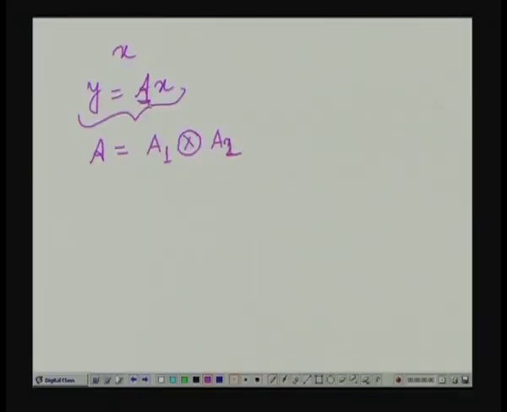So, whenever this transformation matrix A is represented as Kronecker product of two matrices A1 and A2, then this particular transformation is separable, because in this case the operation can be represented as Y equal to A1 X A2 transpose, where Y is the coefficient matrix and X is the input matrix.